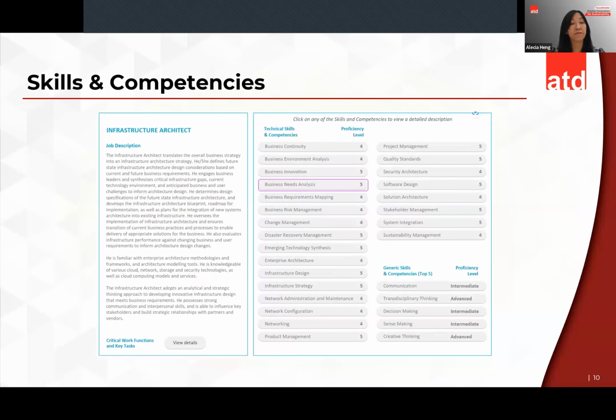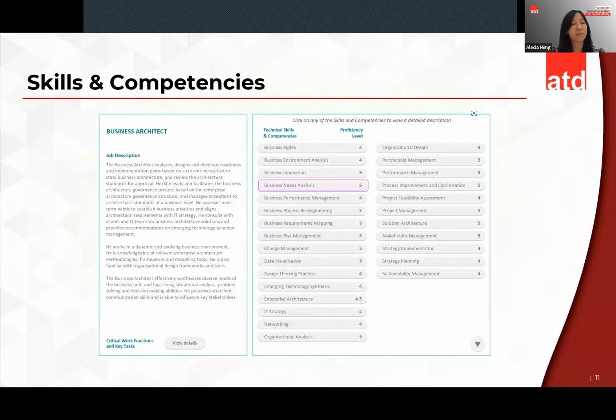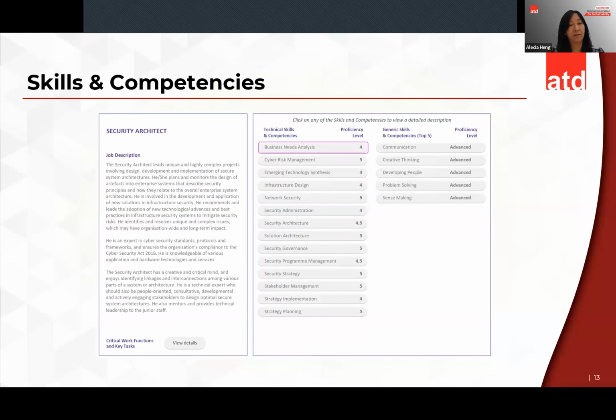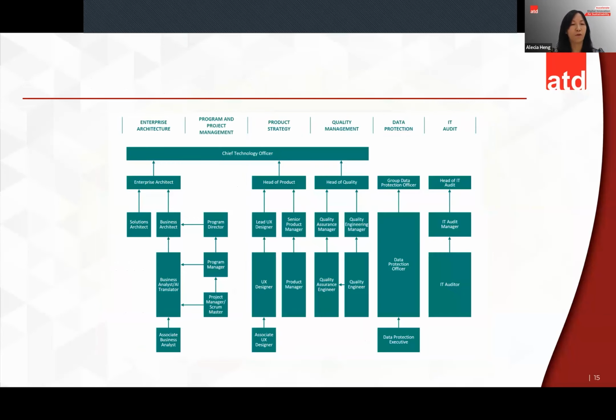Or if you are an infra architect, business architect, solution architect, or even a security architect, business need analysis is one of the competencies that you need to fulfill. So by attending this course, you will learn how to master the business need analysis skill set. Of course, EA is also part of the role in solution and business architect, whereby you will also need to fulfill the skill set.